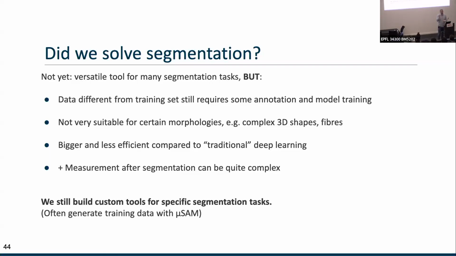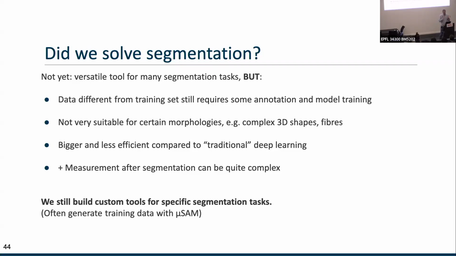Due to our naive solution for 3D, it's also fairly limited for complex 3D shapes. And then these models are just bigger than traditional deep learning models, which also makes them more heavy to apply. So it takes longer to segment things, or you need better hardware for this.